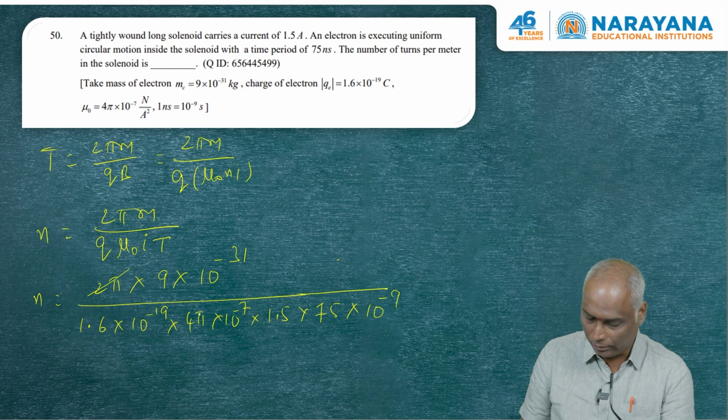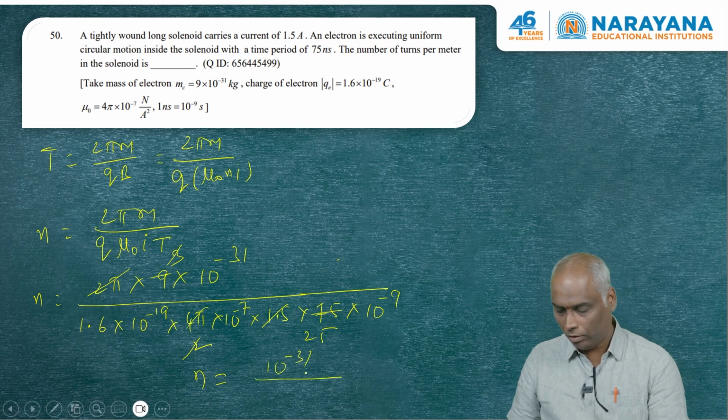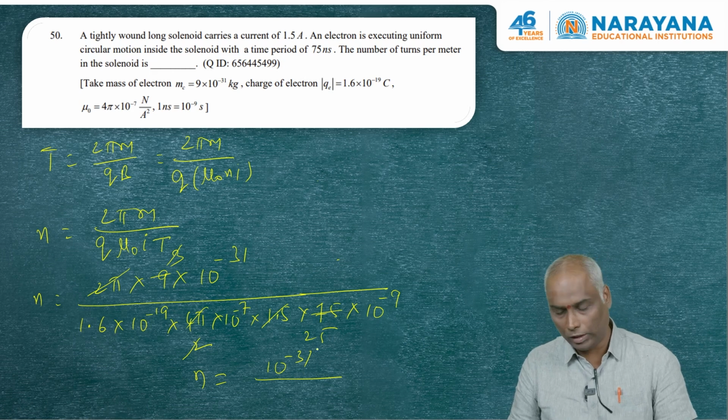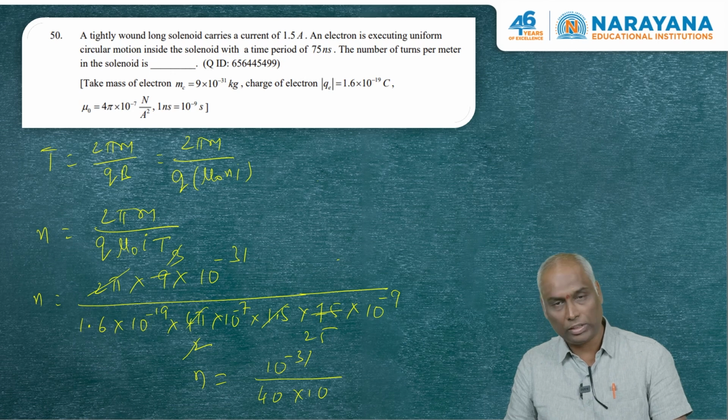So this will go 2 times. 2 into 1.5 is 3. 3 will go 3 times, 25 times. So the value of n is equal to 10 to the power of minus 31 whole divided by 1.6 into 25, which is equal to 40, into 10 to the power of minus 19 minus 9 minus 28 minus 7, which is nothing but minus 35.